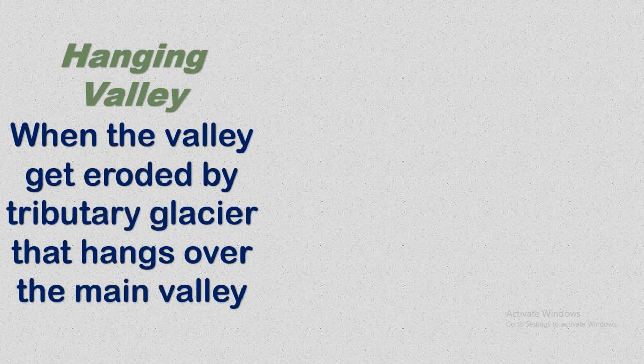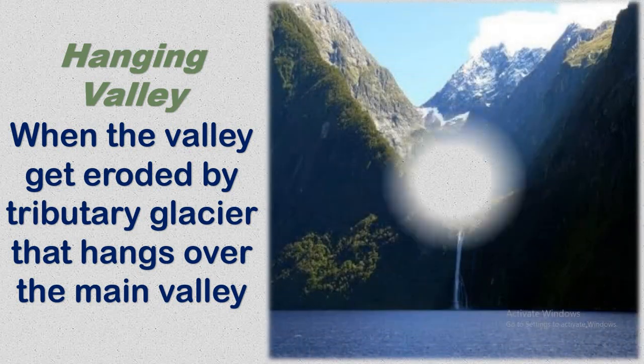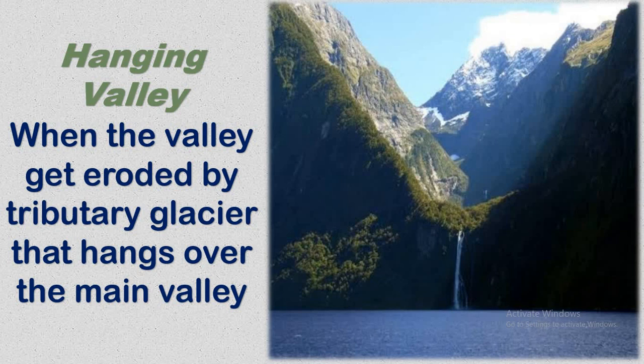Next we are going to see the hanging valley. When the valley gets eroded by a tributary glacier that hangs over the main valley, like hanging, okay. Well, we'll see the picture to understand more. This is the hanging valley, which gets eroded from the main valley.